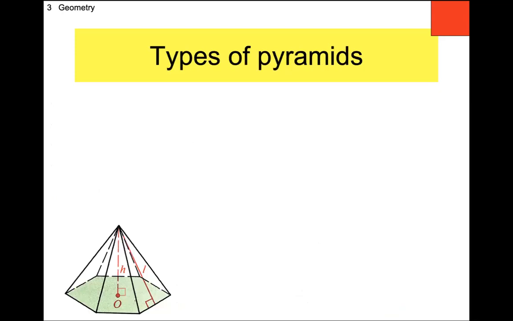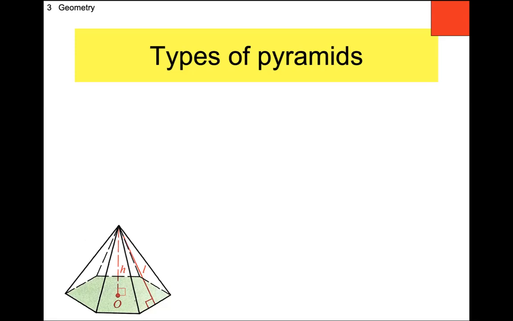Just like we had types of prisms, we're going to have types of pyramids. Now, obviously, the first main type is the name of the pyramid. There's a hexagonal pyramid. But if we talk about the relationship between the vertex and the base, if the vertex is directly above the base, in other words, if you can find the center of the base, that's that point O right there.